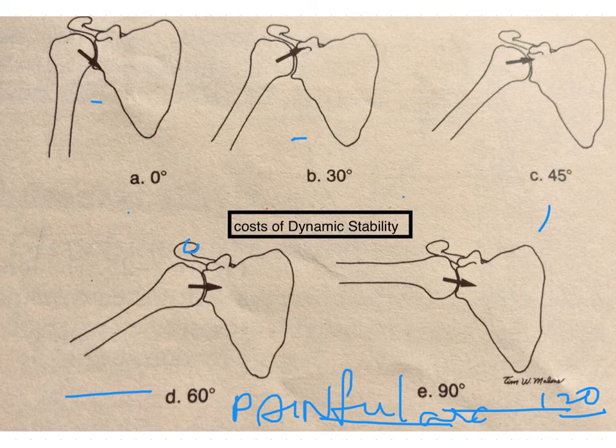If pain occurs above the painful arc, it is acromioclavicular degeneration. If the pain occurs within the 60 to 120 degrees range of motion, then definitely it is a rotator cuff lesion. Got it?